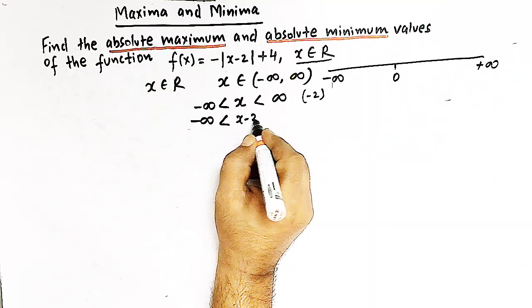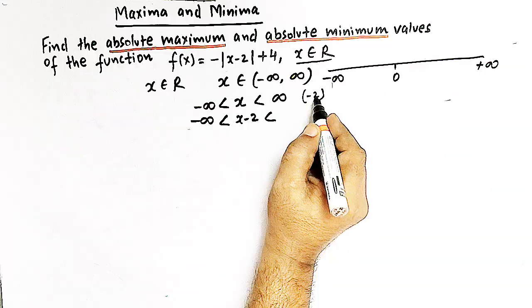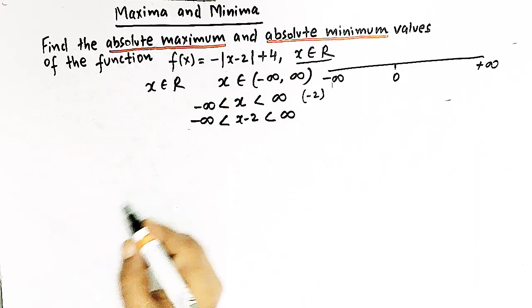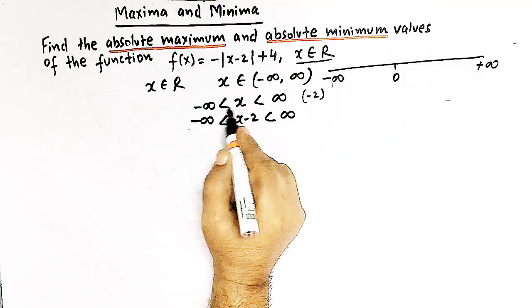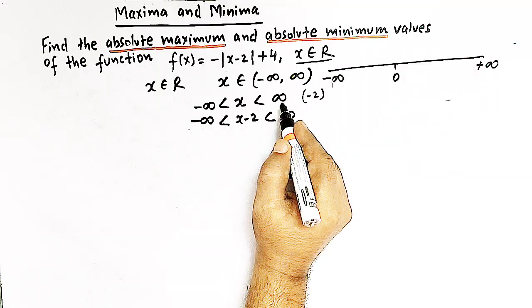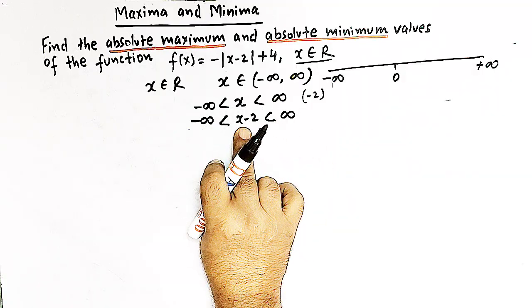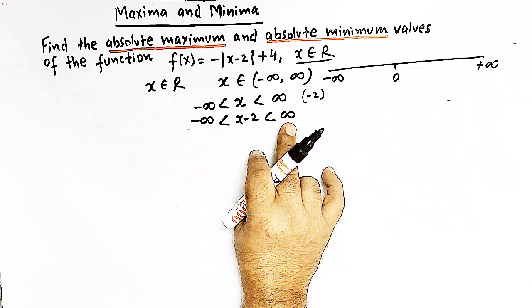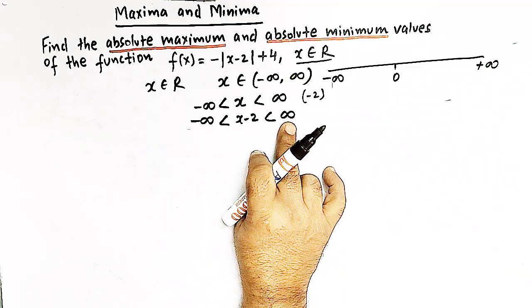Here we have x minus 2, and when we subtract 2 from infinity, we again get infinity, right? So when x is greater than minus infinity but less than infinity, then x minus 2 is also greater than minus infinity and less than infinity, right?